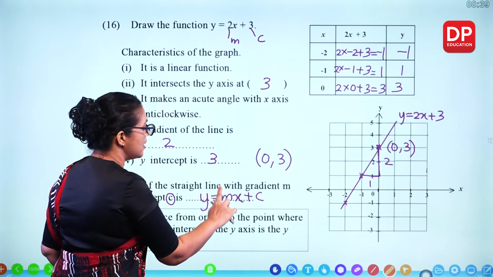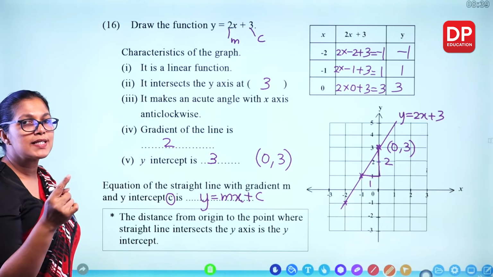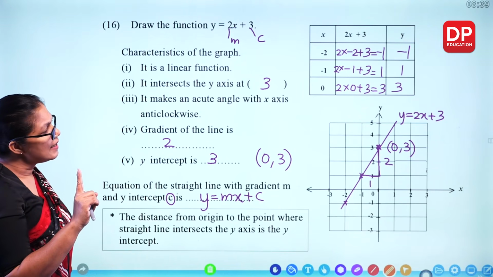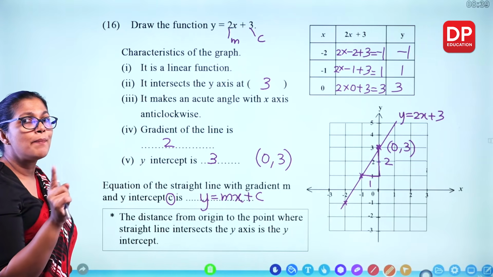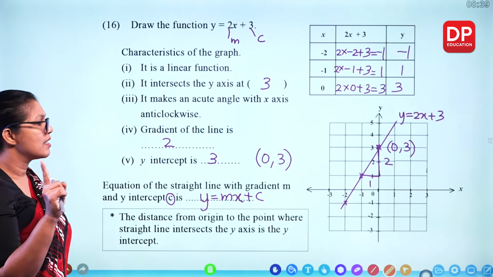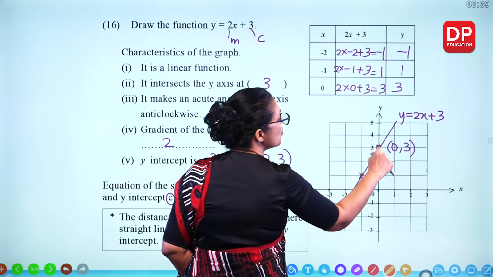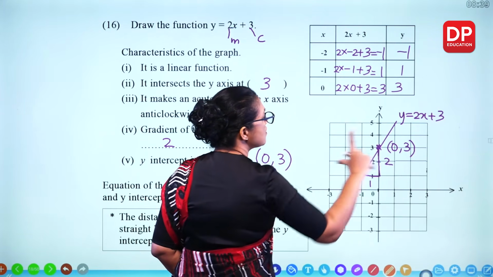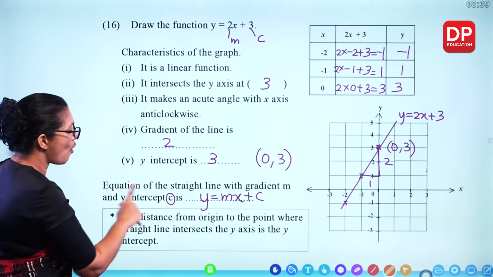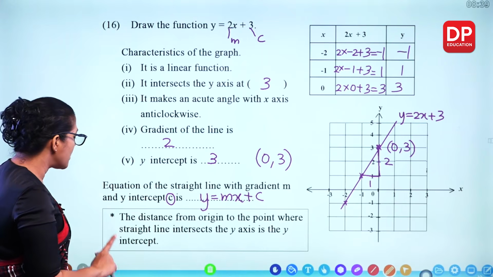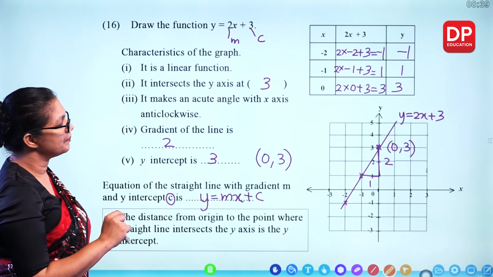If you know the gradient and the y-intercept, it is y equals mx plus C. Earlier, y equals mx straight lines pass through the origin. Now here, this is not 0, so it passes through another point, and that's called the y-intercept. The distance from the origin to the point where a straight line intersects the y-axis is the y-intercept.